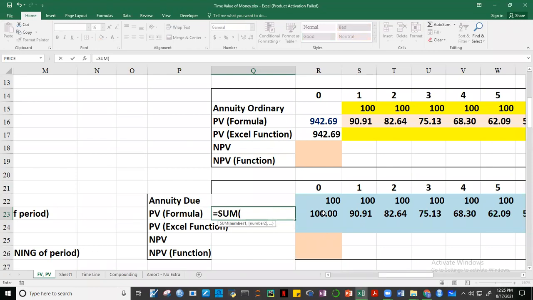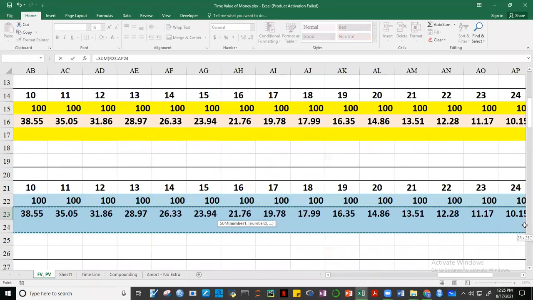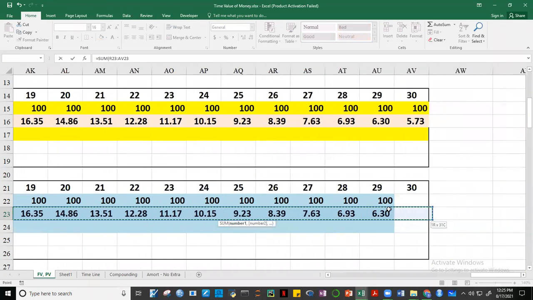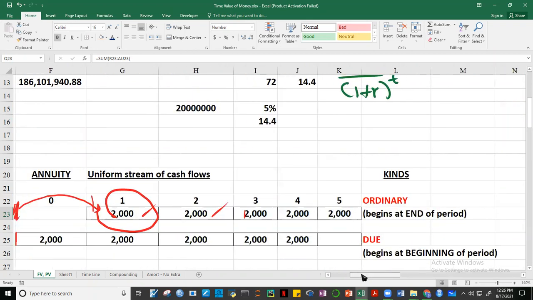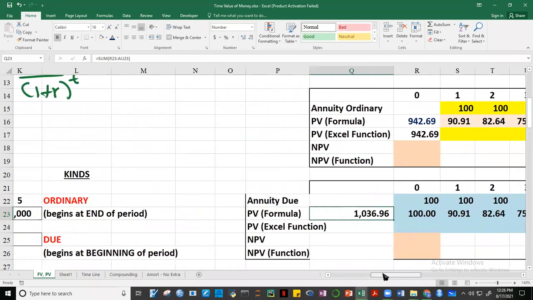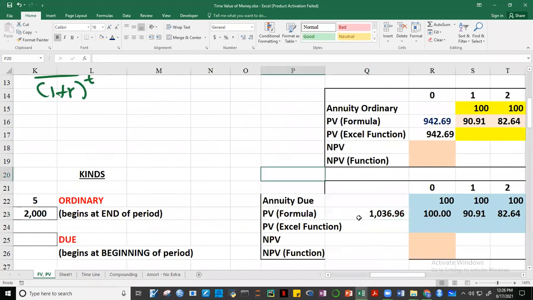So we get the sum here. The sum of the present values, which we can do that, guys, kasi mga present values na sila. Okay, so you see, guys, that the present value of an annuity due is greater than the present value of an annuity ordinary.